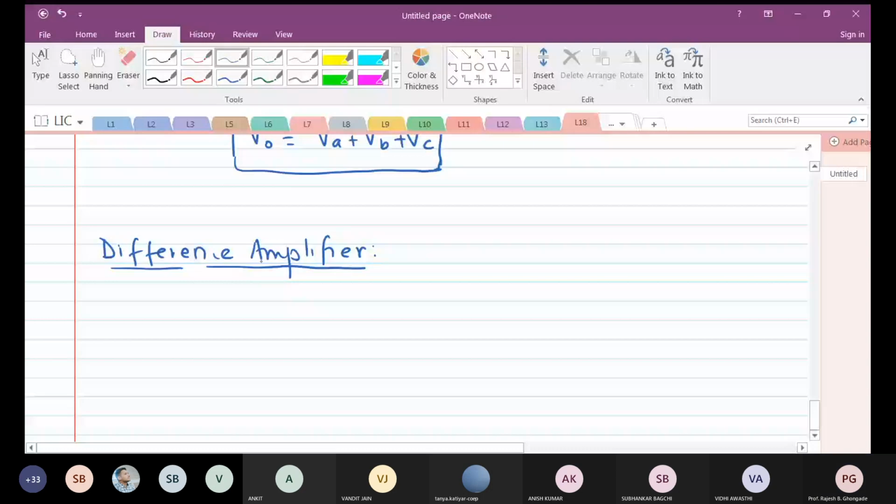Just like the summing amplifier, this is going to be a subtractor. Okay, so here there are three different variations. What we are going to see first is a subtractor. So everything comes under the difference amplifier category.